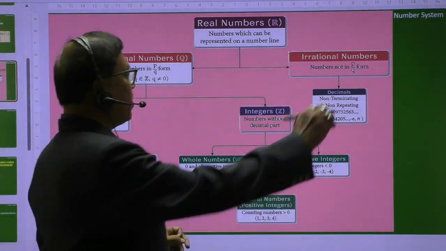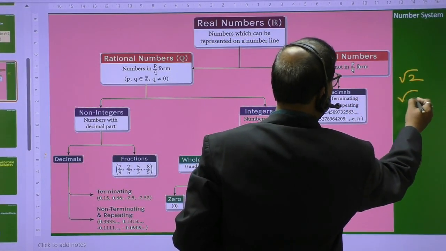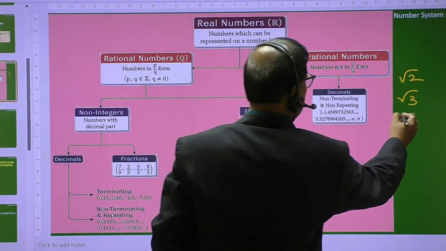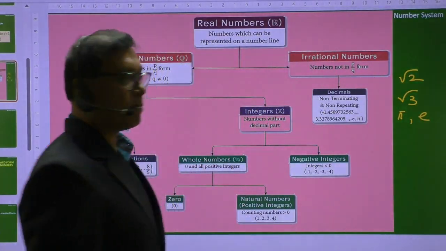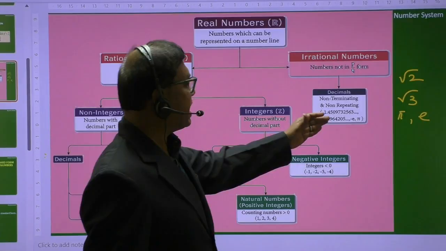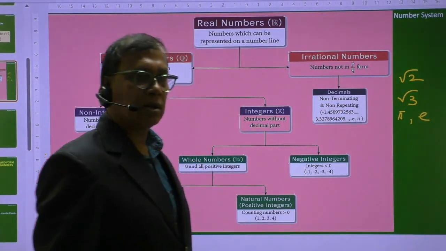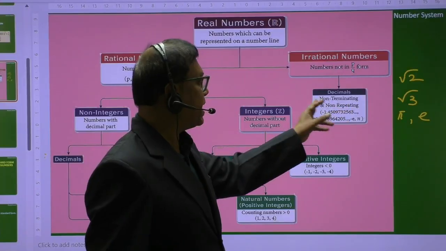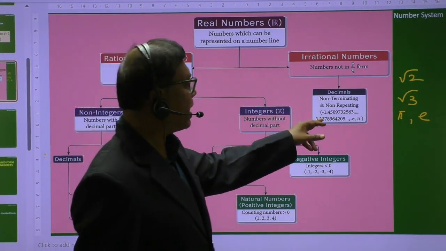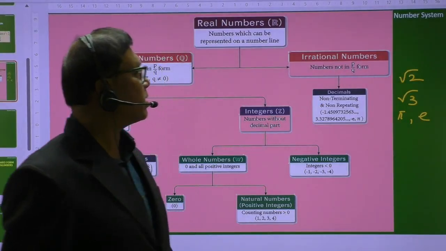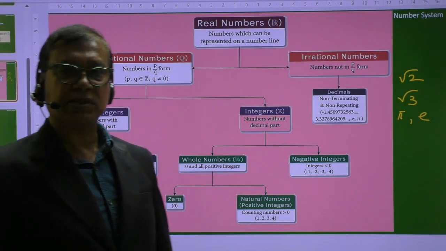So if I give one example of irrational numbers, say √2, √3, pi, e, all these are irrational numbers. But under irrational numbers, again see decimals, non-terminating and non-repeating decimals. So non-terminating and non-repeating decimals also are irrational numbers. Is it clear?